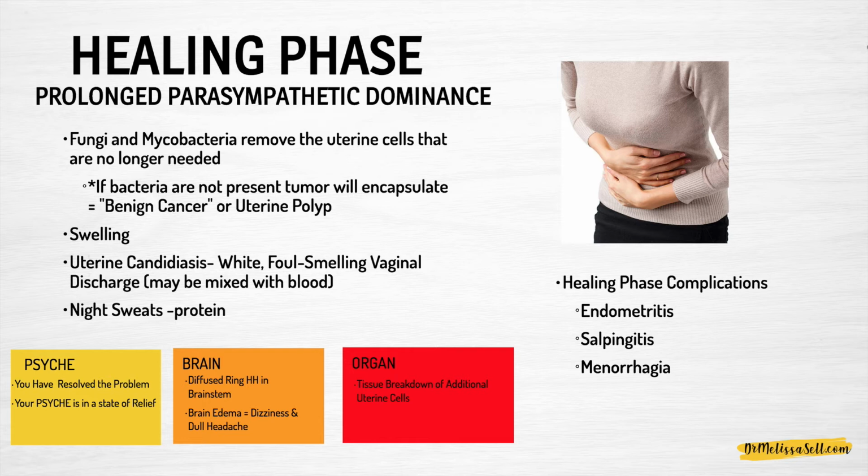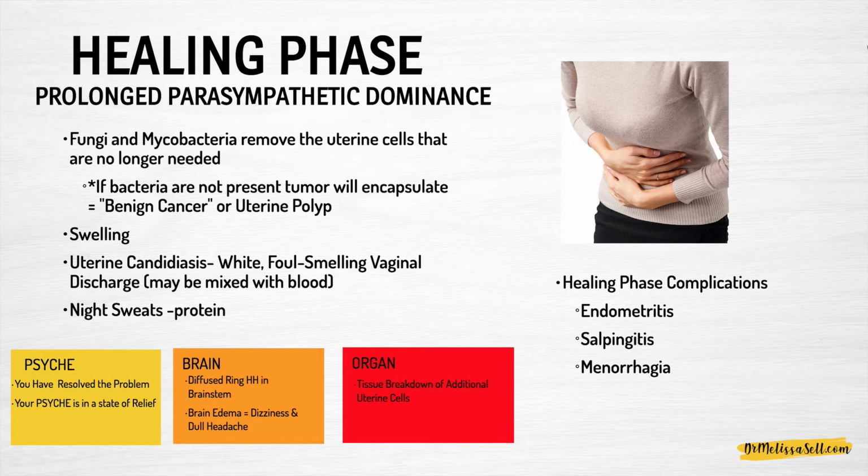So your body recognizes, okay, we had those extra cells there for a while, they're no longer necessary, and so it's got a pre-programmed plan for removal. And the fungi and mycobacteria are the things that are going to remove those excess cells. And that is what a woman will experience as a uterine infection or uterine candidiasis.